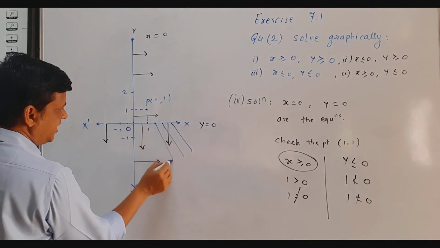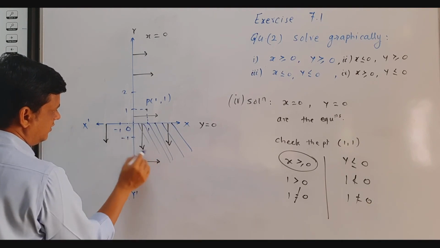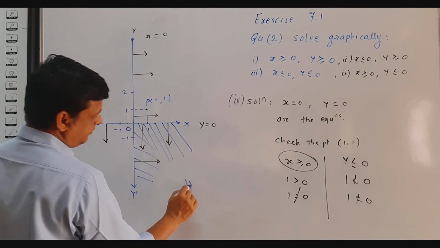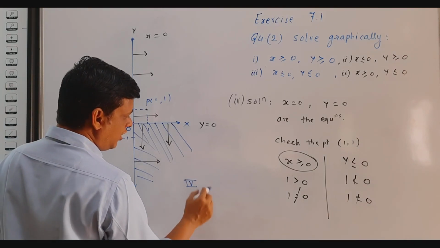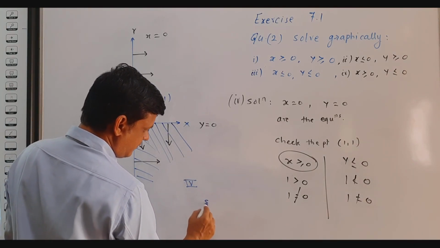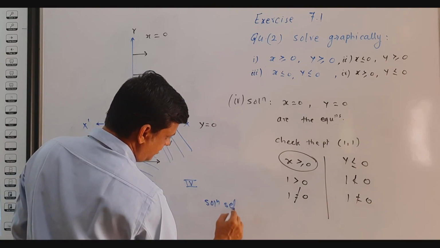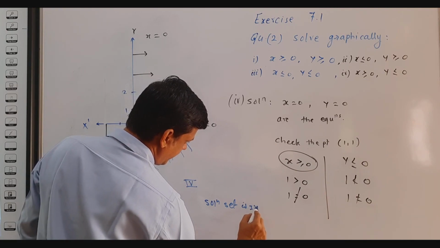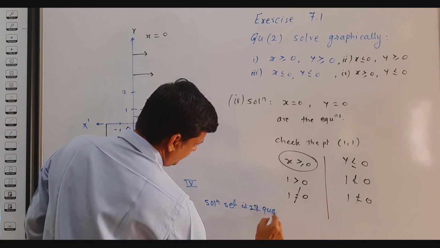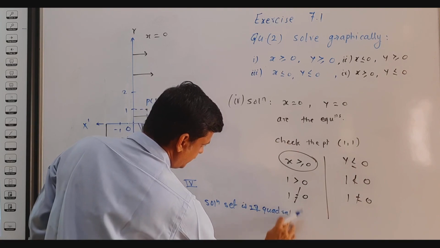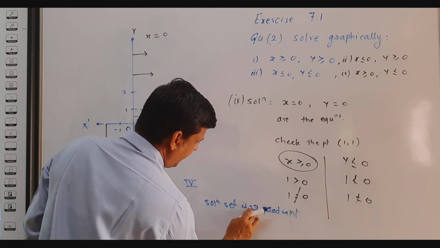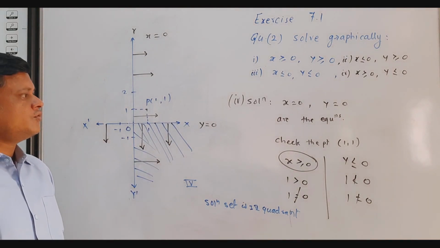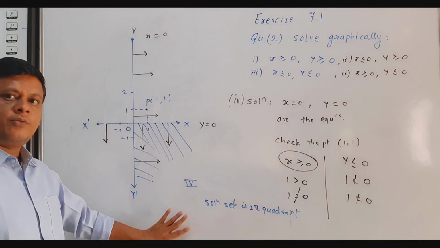So we shaded the fourth quadrant. So here fourth quadrant solution set is fourth quadrant. So in this way you have to find the solution with the help of this graph.